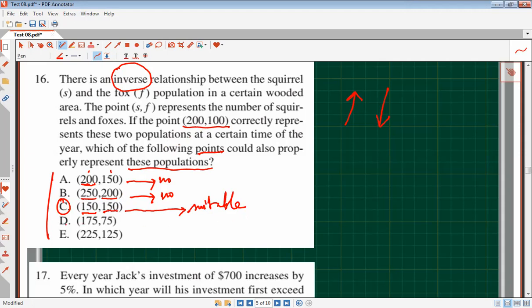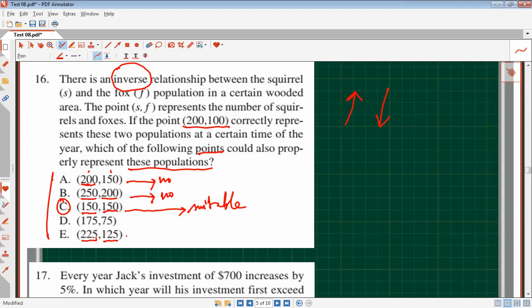We can easily realize that in option D both decrease, and option E, 225, increases, and 125 increases.